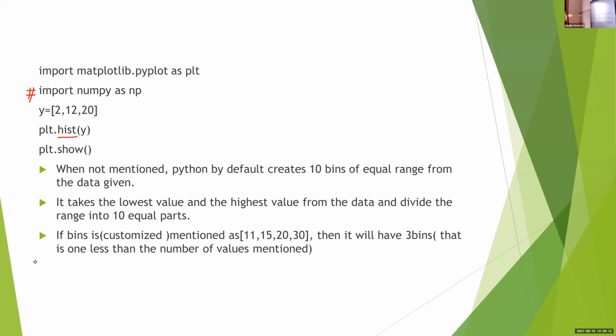The first point you just notice: when not mentioned, Python by default creates 10 bins of equal range from the data given. That is, if the bins are not mentioned, Python creates 10 bins of equal range.